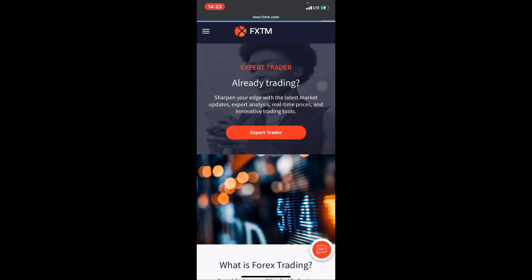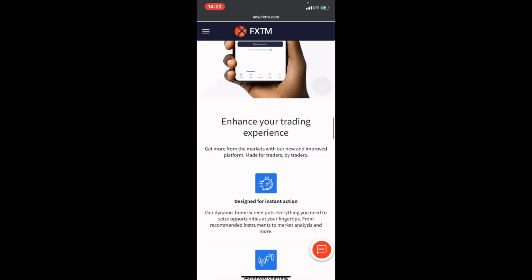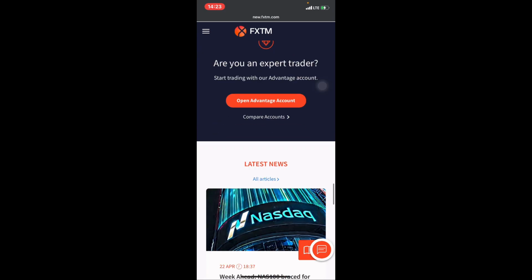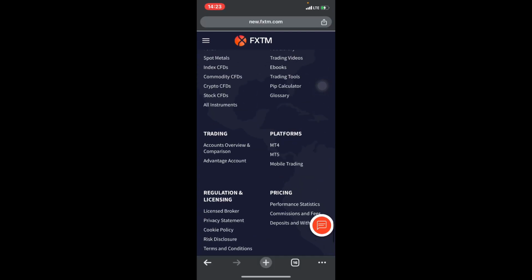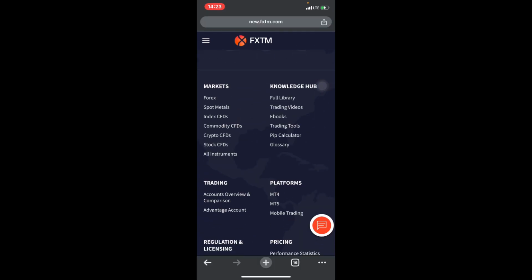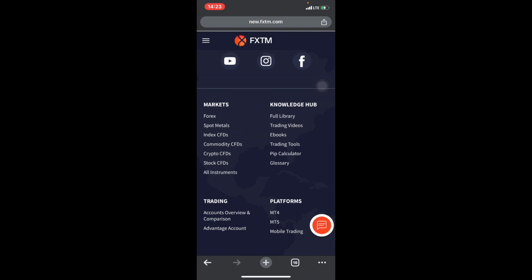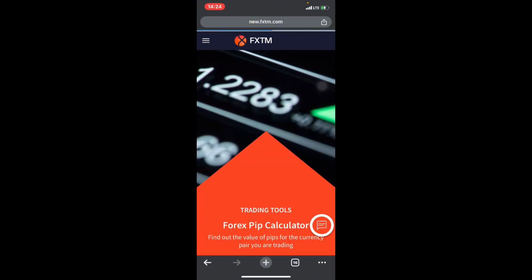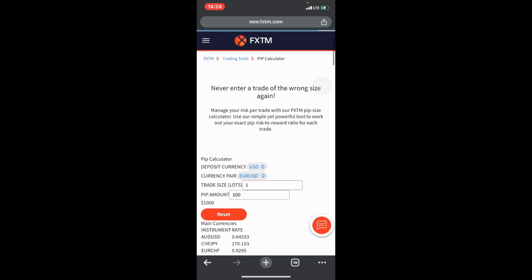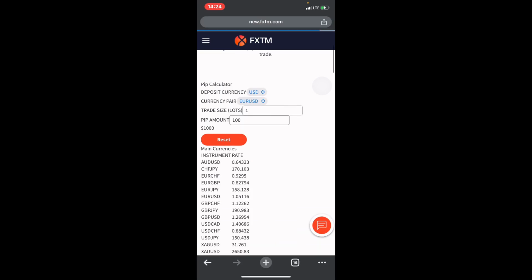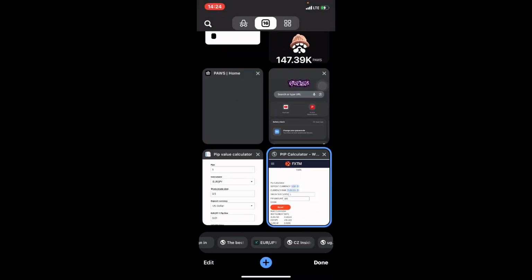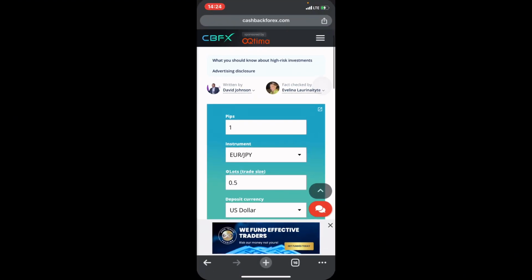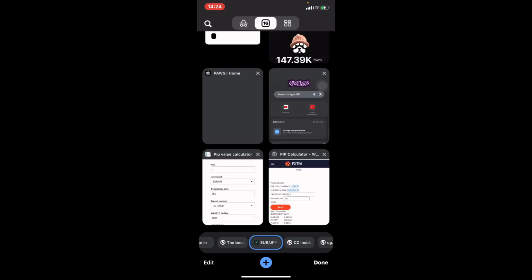Sometimes I just want to use my pip calculator to get a clear view of what I'm risking and my profits. So scroll down to the tools, you have the pip calculator here, and this is it. I think they're having issues because this is not how it's supposed to show, but nevertheless we'll be using this other site. It's called Cashback Forex.